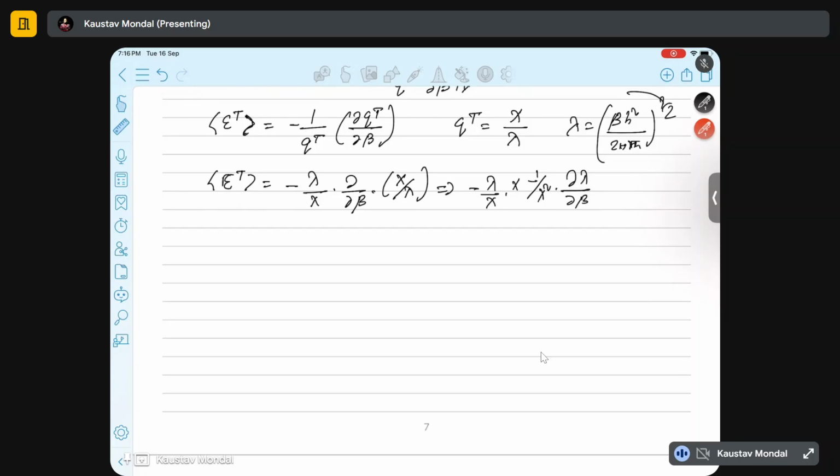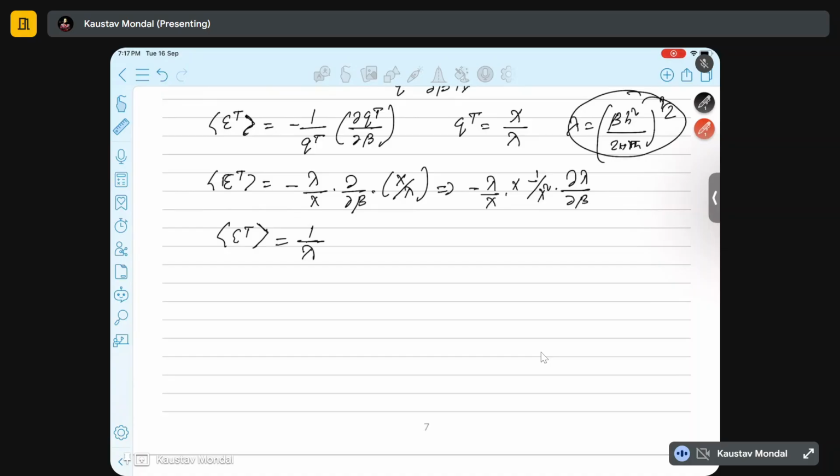So for E_t, the second step, you can cancel, and only 1 by lambda will remain. There's a factor of 2 also there.